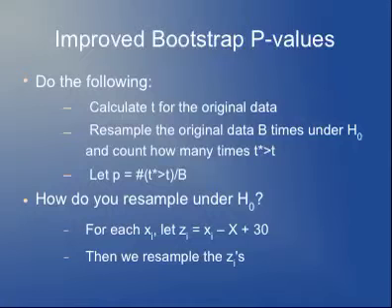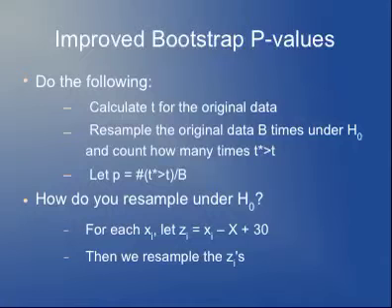Divide that by the number of bootstrap replicates to get your approximate p-value. This requires us to resample the data under the assumption that the null hypothesis is true. How exactly can you do that?